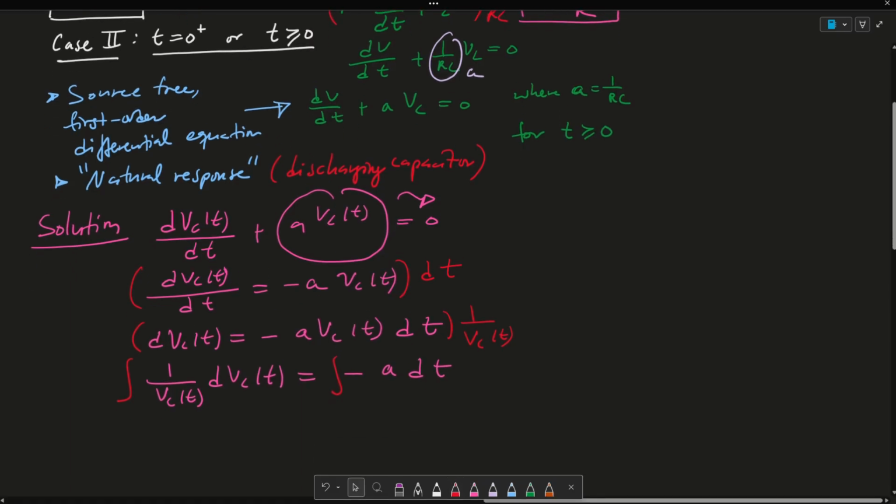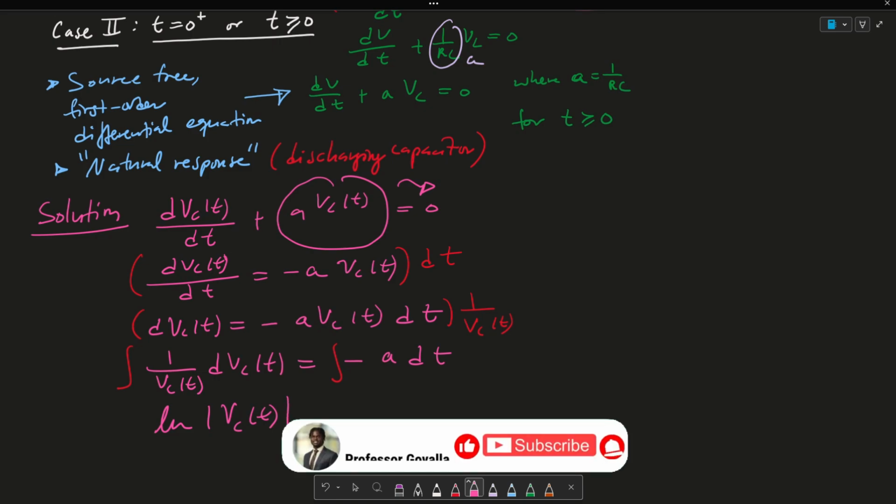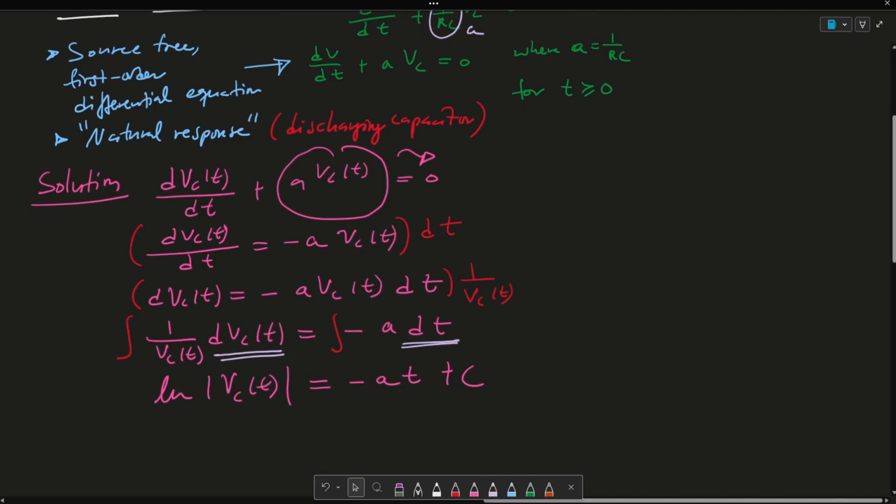When I integrate this, what I get is ln of the magnitude of VC(t) equated to minus At plus C. I hope everyone sees this. Essentially, this integral is with respect to dVC(t), and this integral is with respect to dt, or the change in time. So this is my solution to that integral.